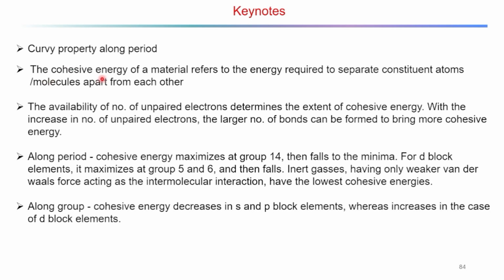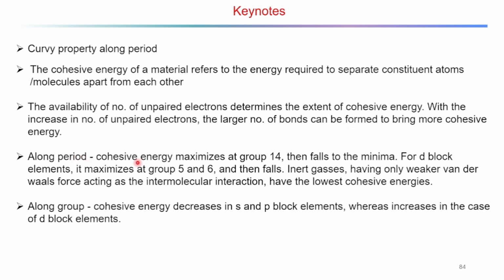The cohesive energy of a material refers to the energy required to separate constituent atoms or molecules apart from each other. The availability of the number of unpaired electrons determines the extent of cohesive energy, and with the increase in the number of unpaired electrons, a larger number of bonds can be formed to bring more cohesive energy.